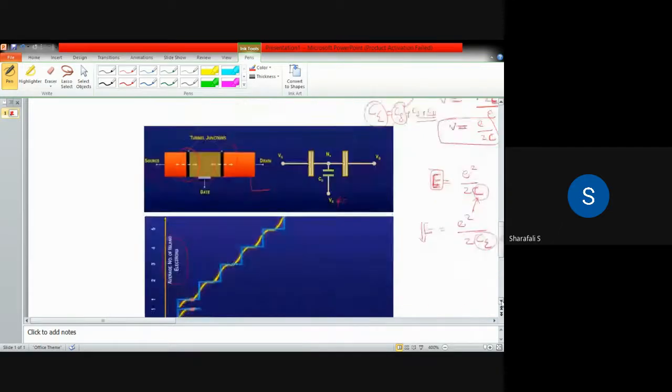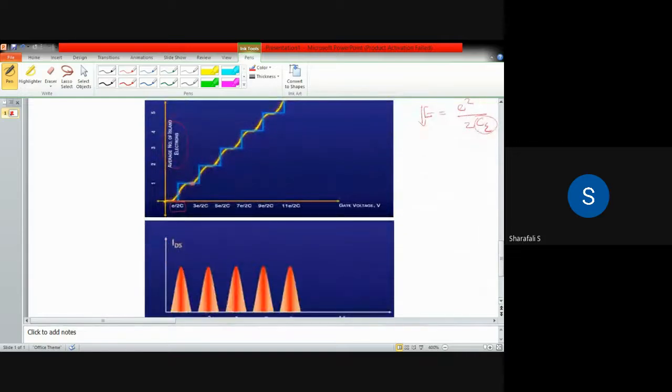If you apply e by 2C, you can observe only one electron which has moved to the quantum dot. So the average number of electrons present in that quantum dot will be 1. If you consider 3e by 2C, then you get 2 electrons.